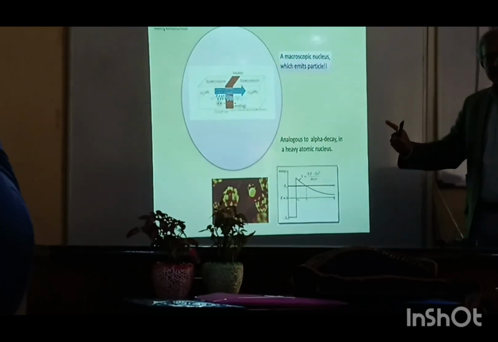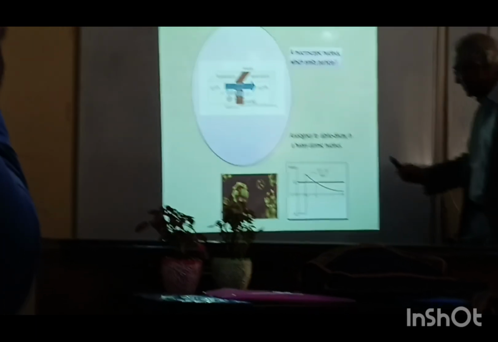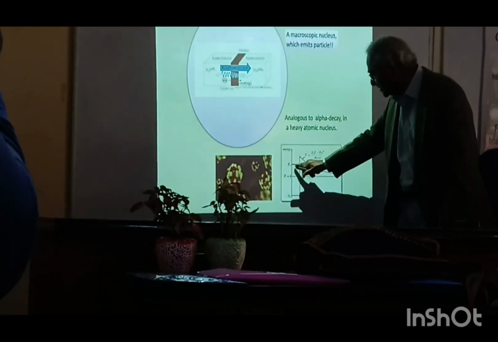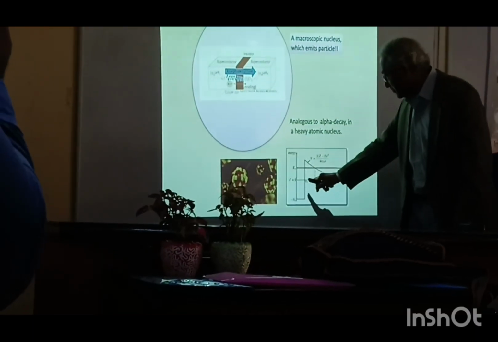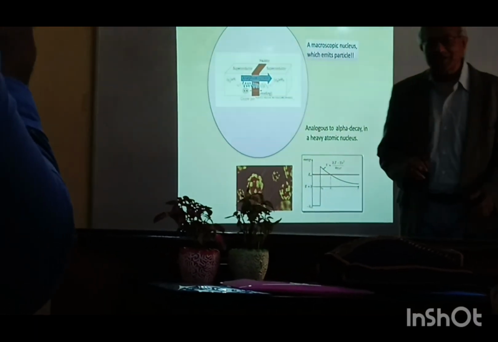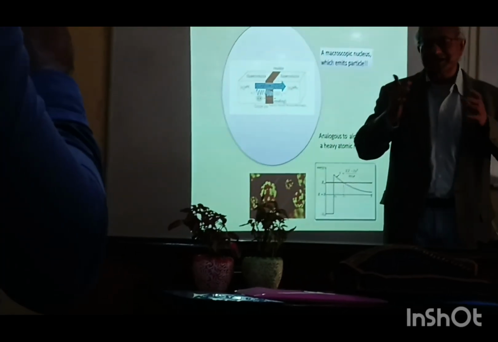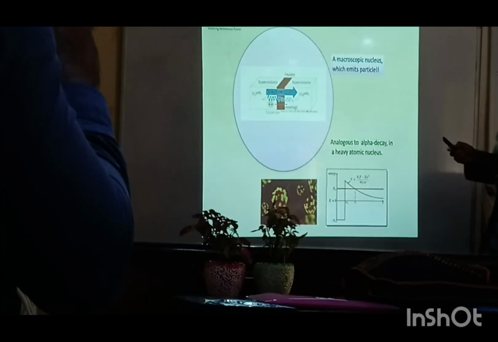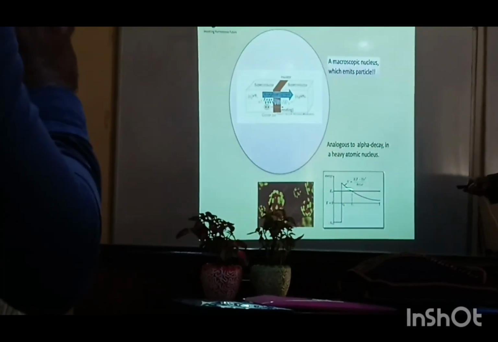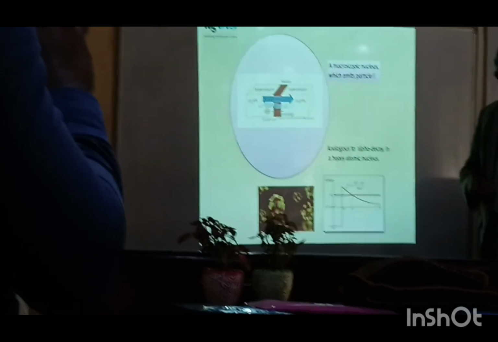This cartoon shows how the alpha particle is emitted. But these alpha particles would not have been emitted, because when they are produced, they get some energy, but they have a potential barrier there, which is like that. Unless they can cross this potential barrier, the alpha particle will be trapped inside. It cannot come out. But it's because of quantum tunneling through this barrier that the alpha particle can come out.